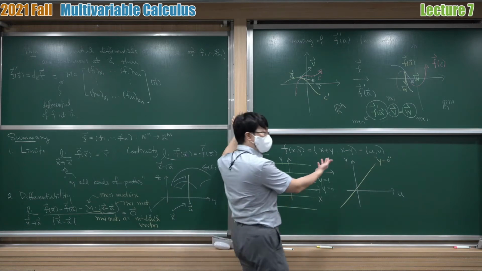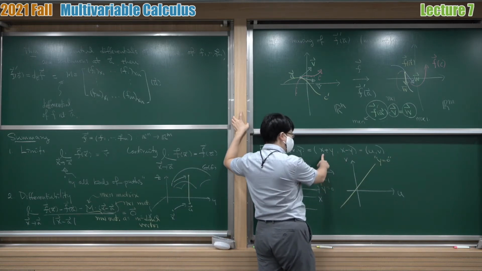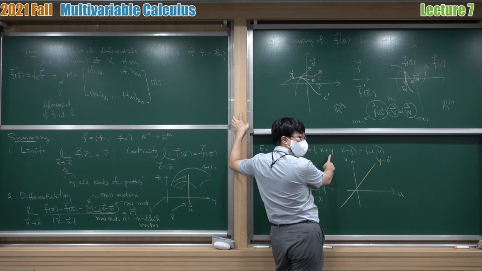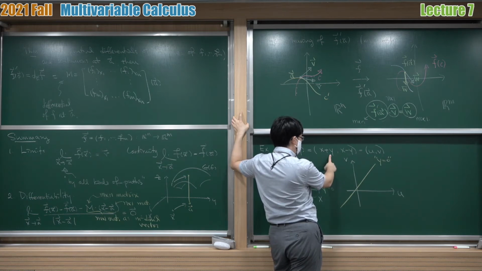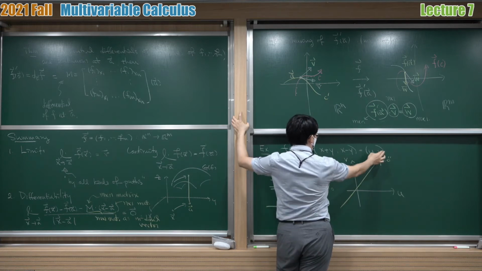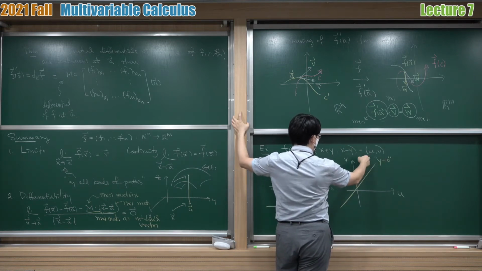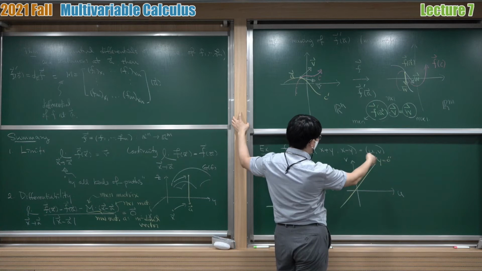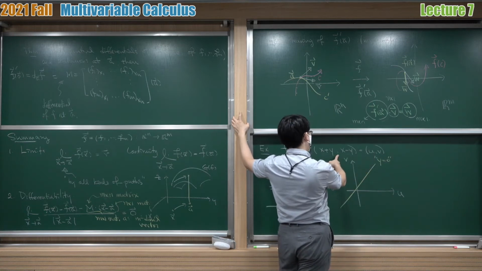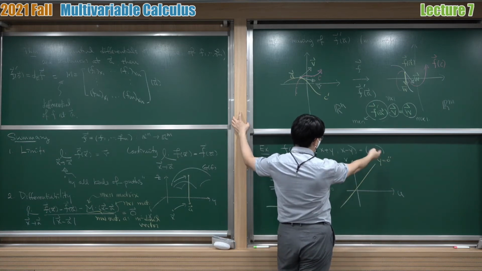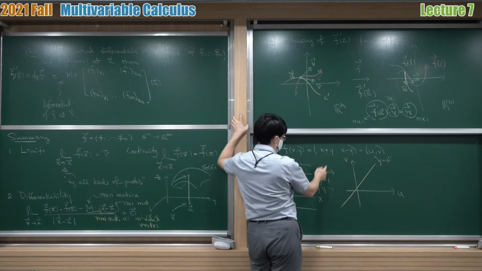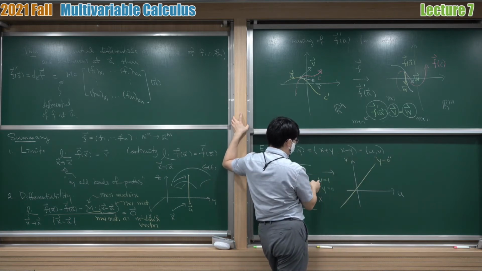So (u, v) follows the equation of x plus what? Let's think about it by just naively plugging in this number.